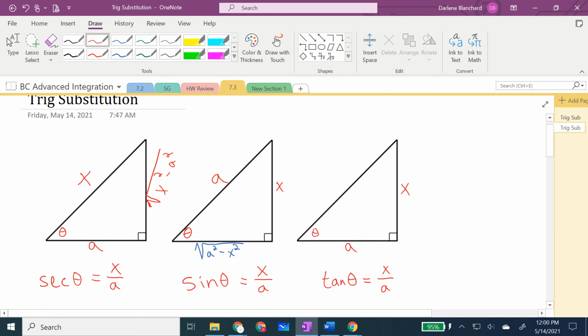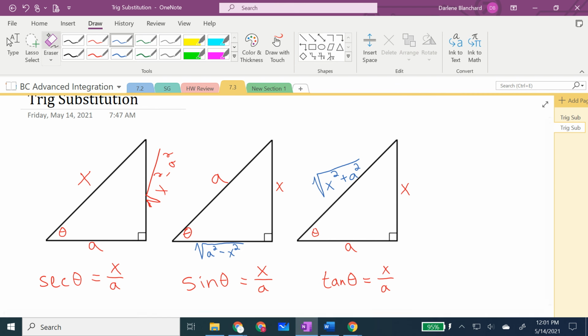And what is the 3rd side based on Pythagorean theorem? Square root of x squared plus a squared, or if you prefer, the square root of a squared plus x squared.